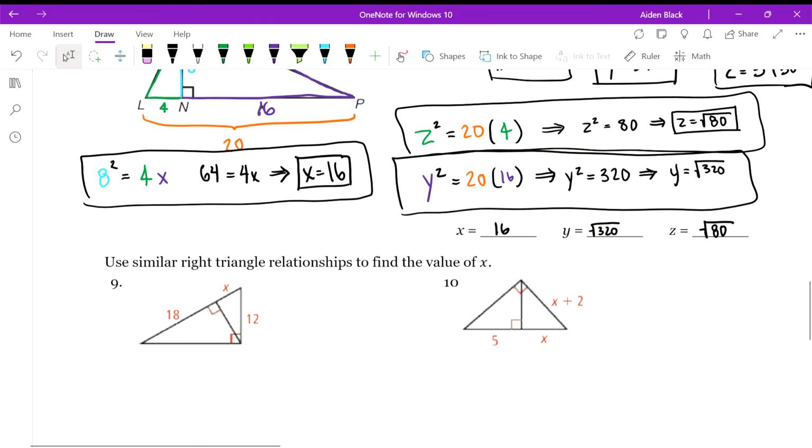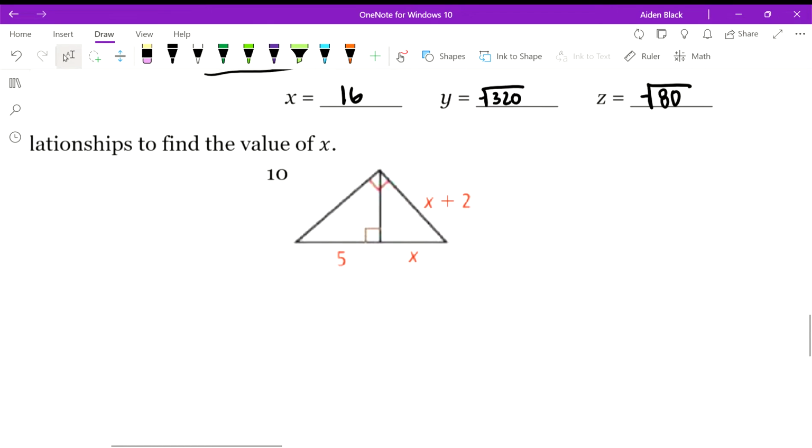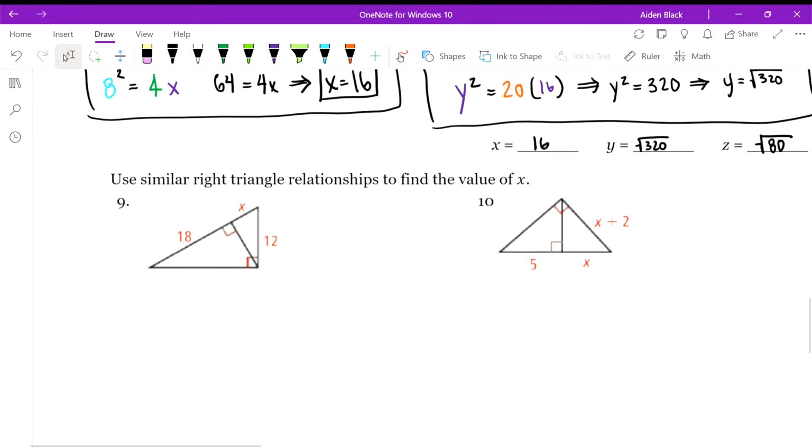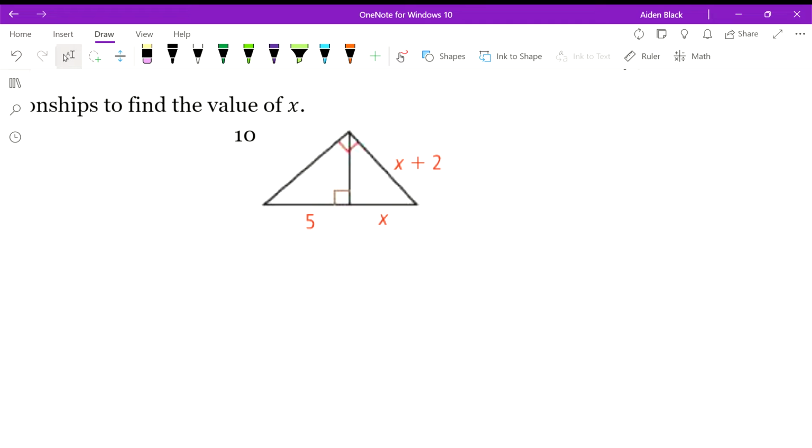Okay, this is good enough. Let's do one of these problems. Let's see, it says use similar right triangle relationships to find the value of x. So this is actually, maybe we could start breaking these down, like this is the altitude, this is a leg of the triangle, this is the corresponding side, or the part of the hypotenuse that is adjacent.